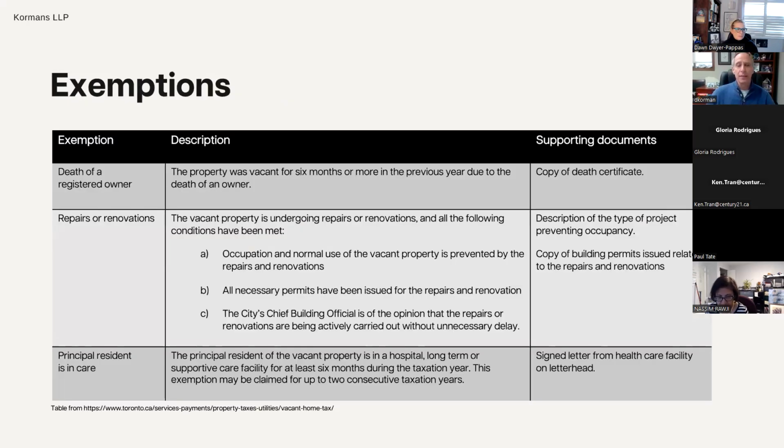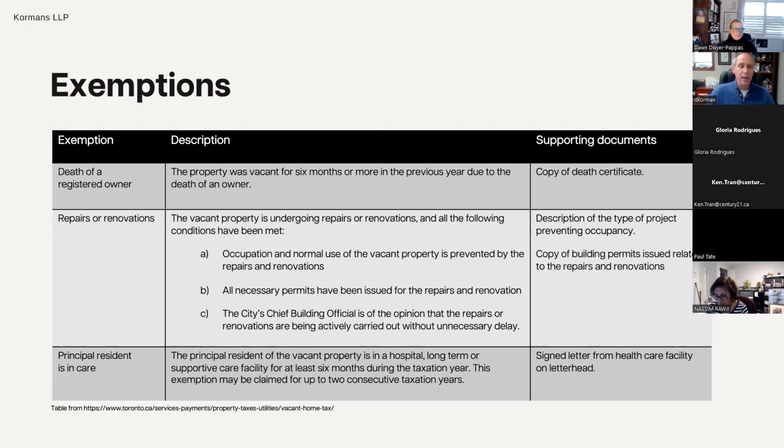Now, there are some built-in exemptions that I mentioned before, and this slide has a summary that was produced by the City of Toronto. I've already mentioned them quickly, so I'm not going to spend a lot of detail, but one was the death of a registered owner if the property is vacant for 6 months or more in the previous year because someone died, and they'll need a copy of the death certificate.